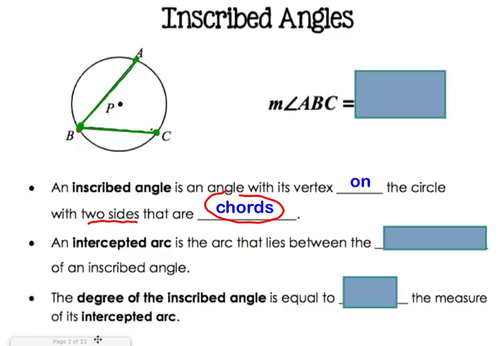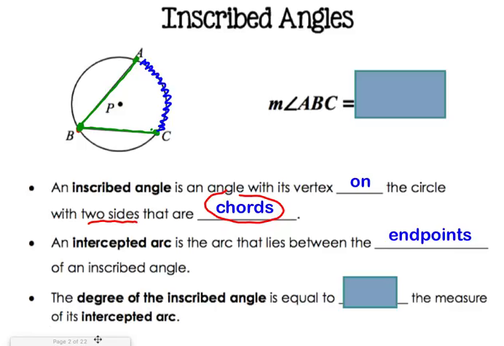The intercepted arc is the arc that lies between the endpoints of an inscribed angle. So this arc right here, AC, is an intercepted arc because it's the arc that is framed by my 2 endpoints, right? That's my intercepted arc. And there's a really good relationship that exists between our arc and our angle.